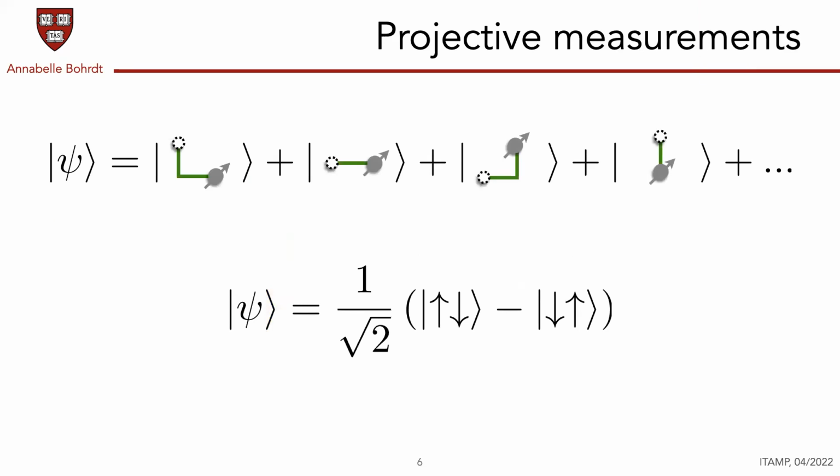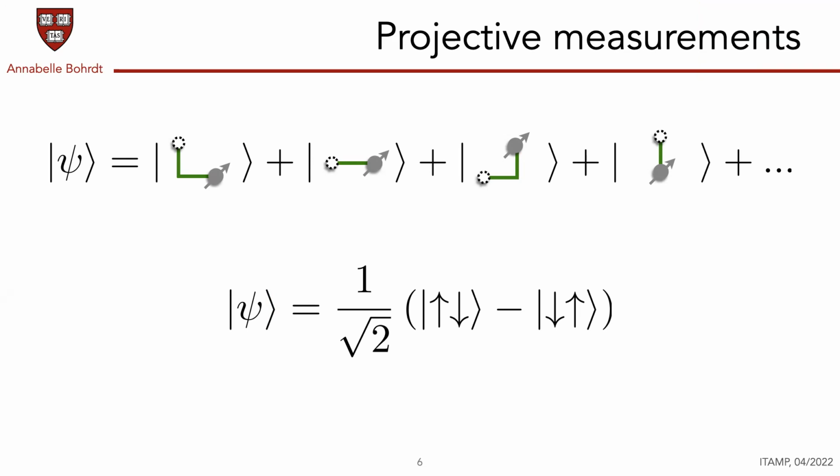Even in the simplest case where you have a spin singlet, you have phase information, whether you have a minus or a plus here. Here it's just plus and minus, but in principle it could also be a complex phase. And this kind of information you don't get from these projective measurements in one basis.